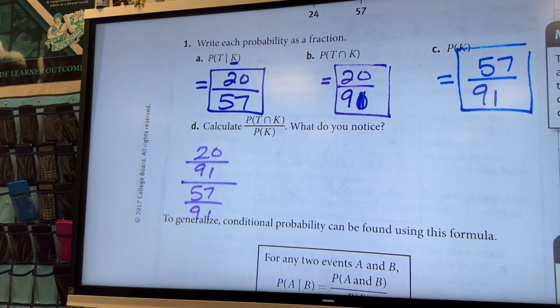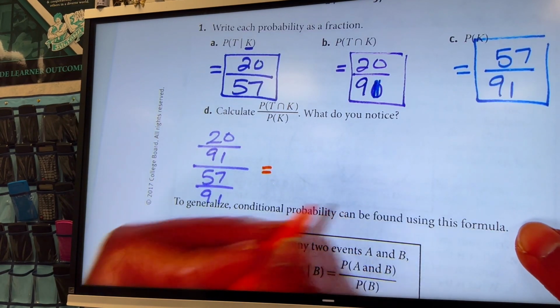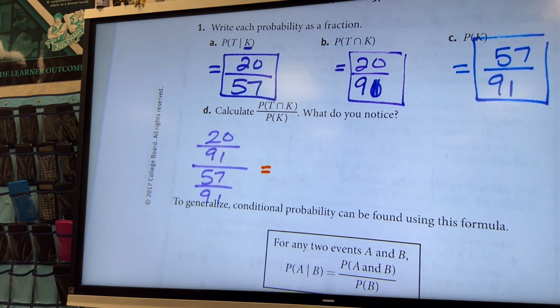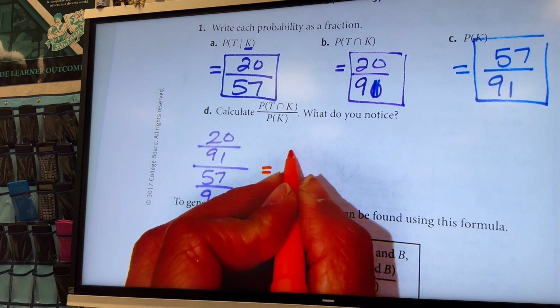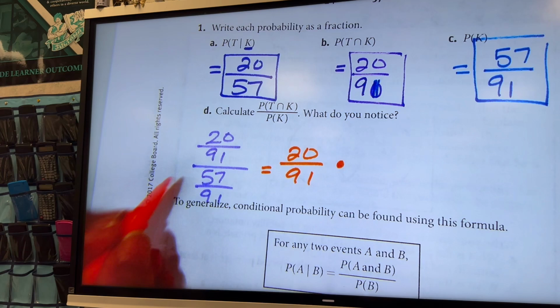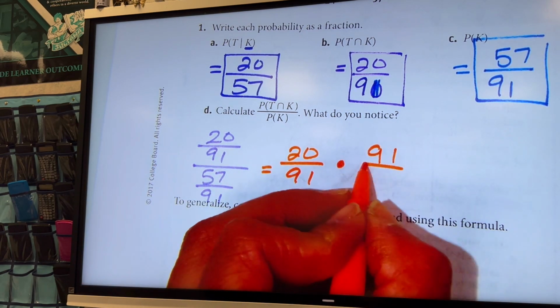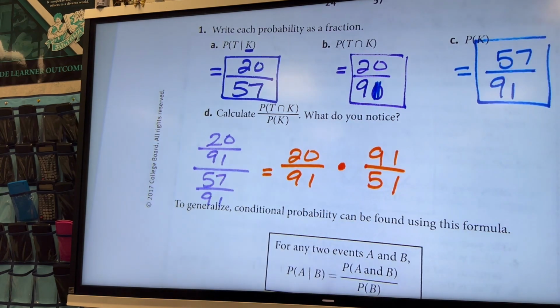It's just like the homework, where we got a ton of fraction bars. We switch the middle fraction bar to the divide symbol, flip the second fraction and multiply. So that'll be 20 over 91 times 91 over 57.